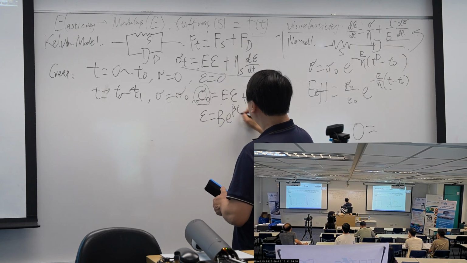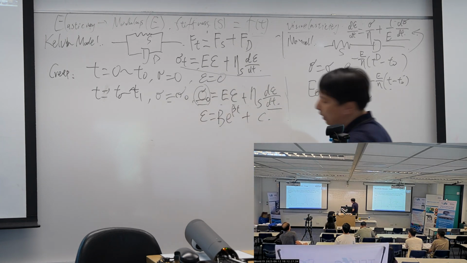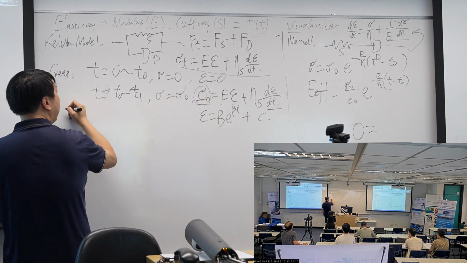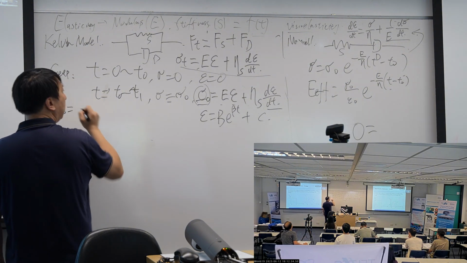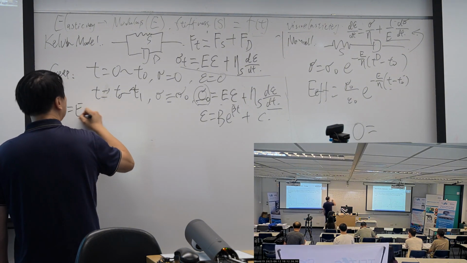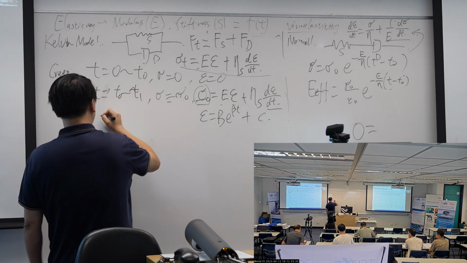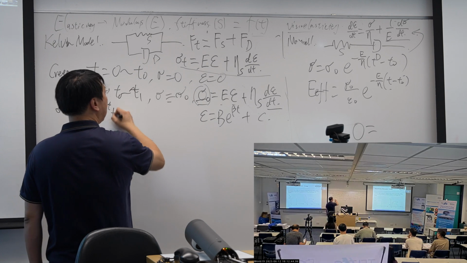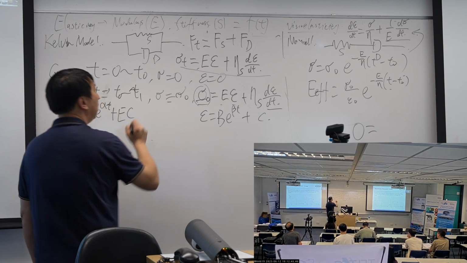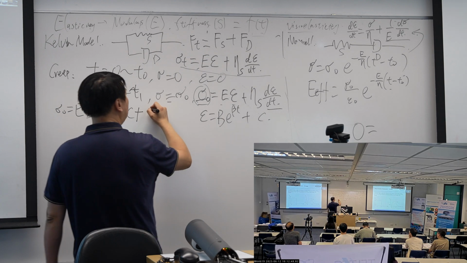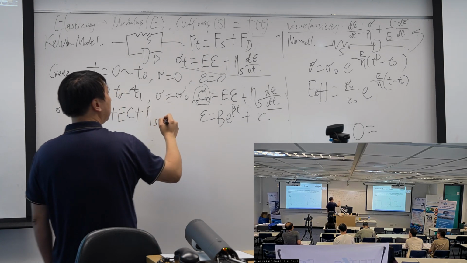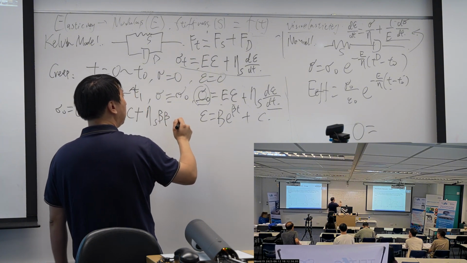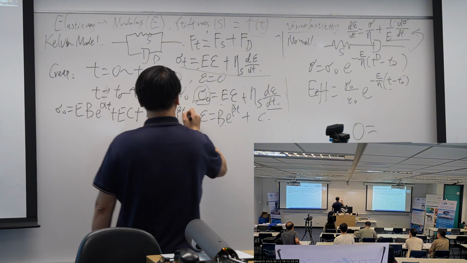B e to the beta T plus C. Okay, so the sigma 0 equals E B e to the beta T and plus E C and plus eta s. There should be a beta out. That's the B beta, and that's the e to the beta T.